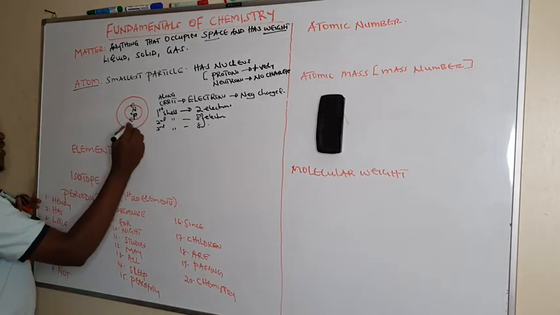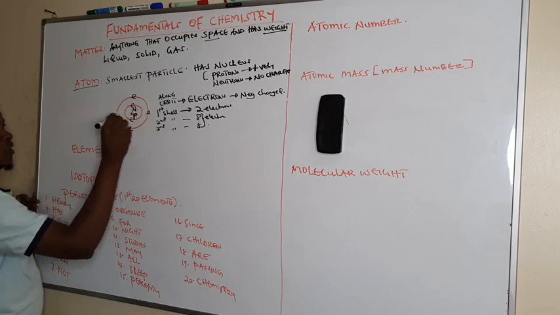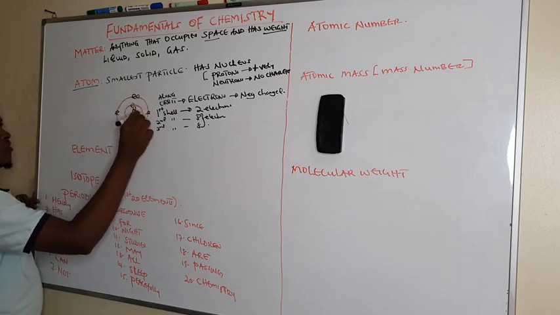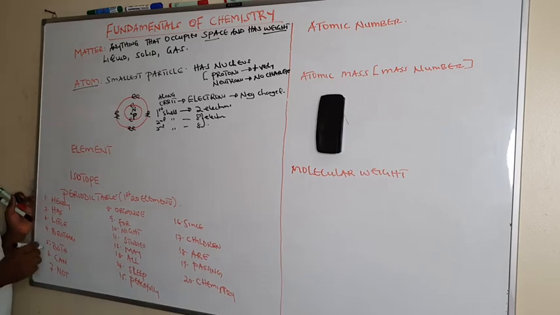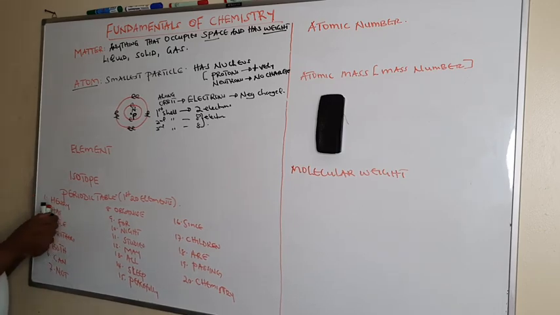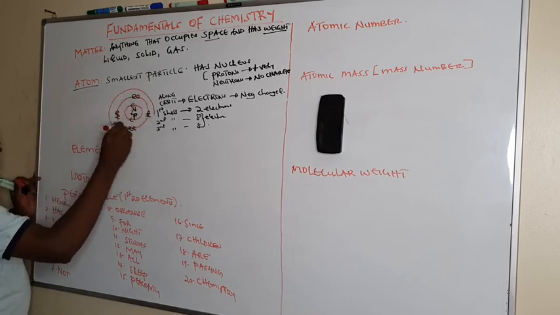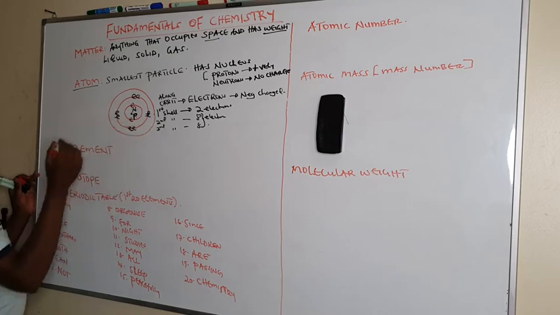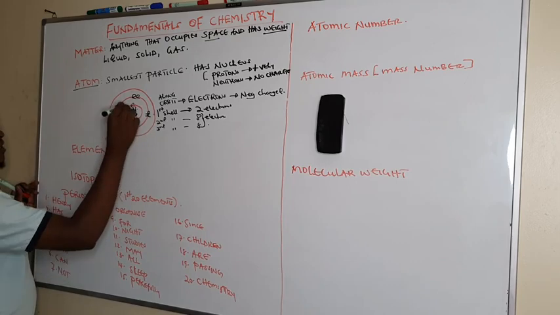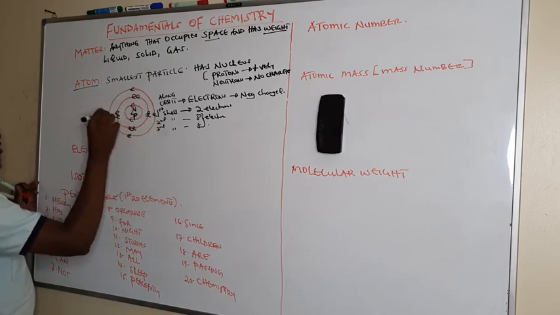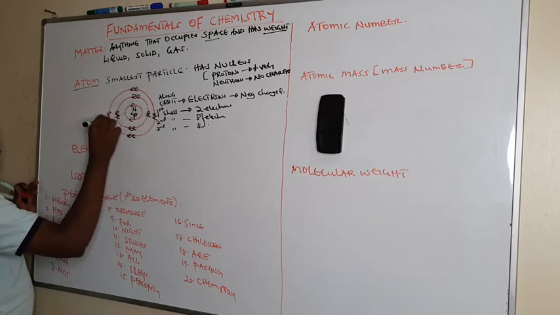So the second shell accommodates 8 electrons, but you first have to fill, then you come and fully fill. If I add the third energy level, this atom still is going to have 8, but you first fill the orbit, then you come and fully fill.